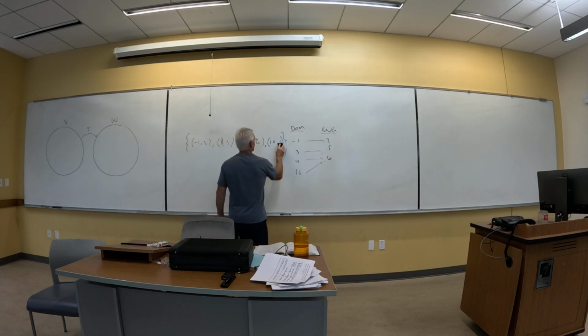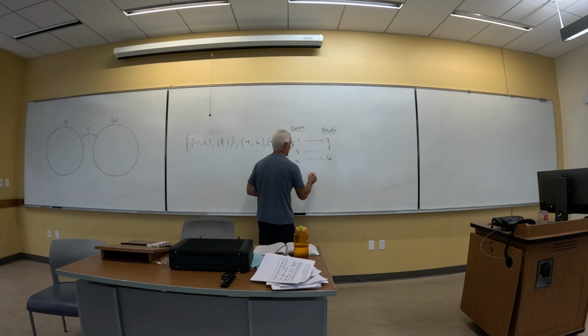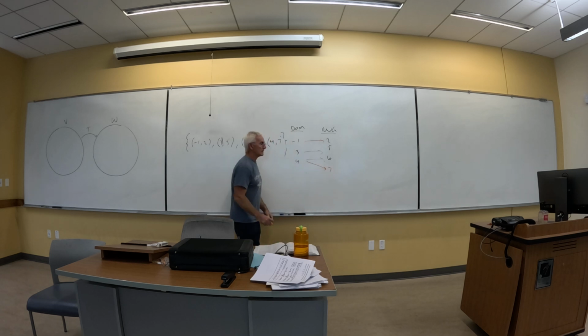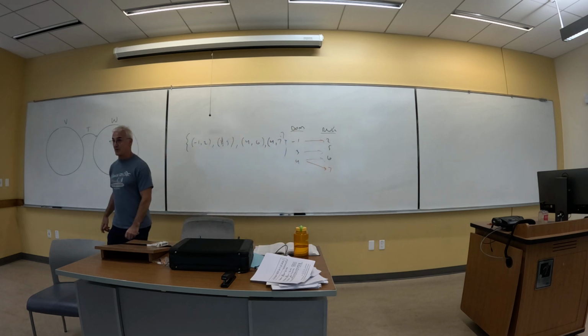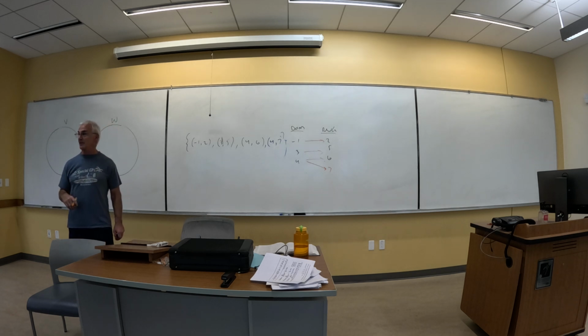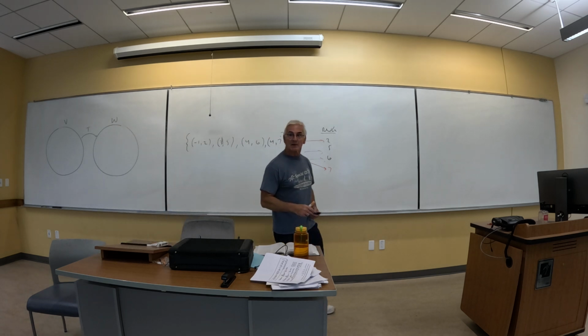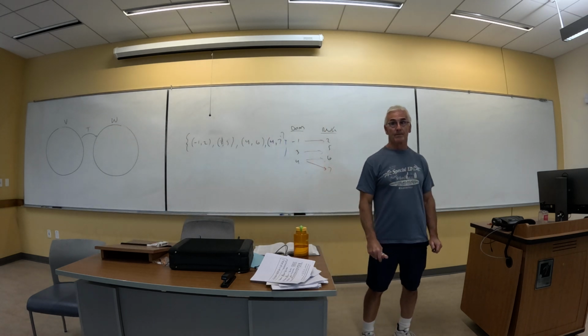So now Chase's suggestion is, what if I make that point instead 4, 7? Now it fails to be a function because the input to the output is not unique. So forget one-to-one, that's not even on the table anymore. A linear transformation is not automatically one-to-one, but it is a function.